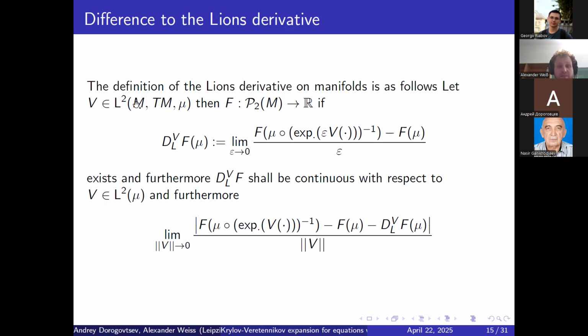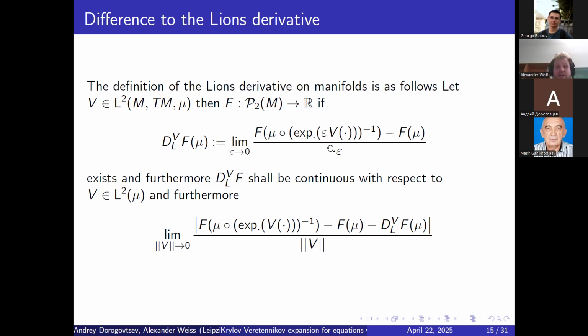So the definition for the Lions derivative is very similar, but instead of the flow, we use the exponential map on the manifold. If you don't know what it is, just imagine it to be the matrix exponential for maybe some matrix manifold, matrix Lie group.